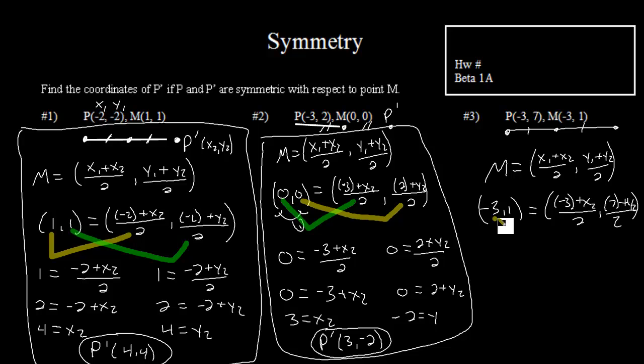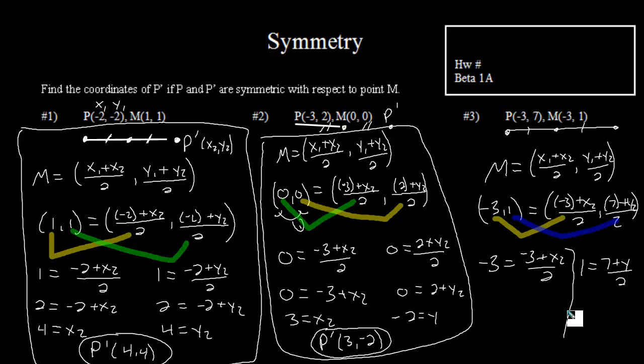So, set -3 equal to the first part, and we set 1 equal to the second part, which is going to give us -3 equals the sum of -3 and x over 2, and 1 equals the sum of 7 and y divided by 2. If we solve each of these, -3 times 2, that's a -6.